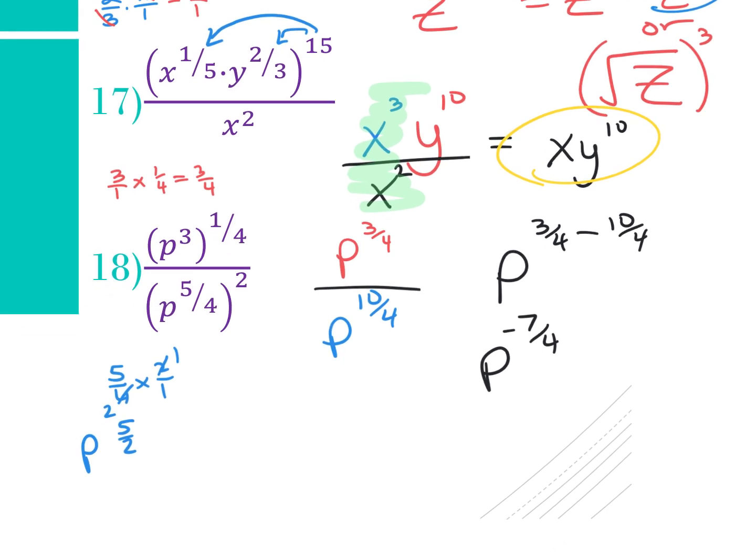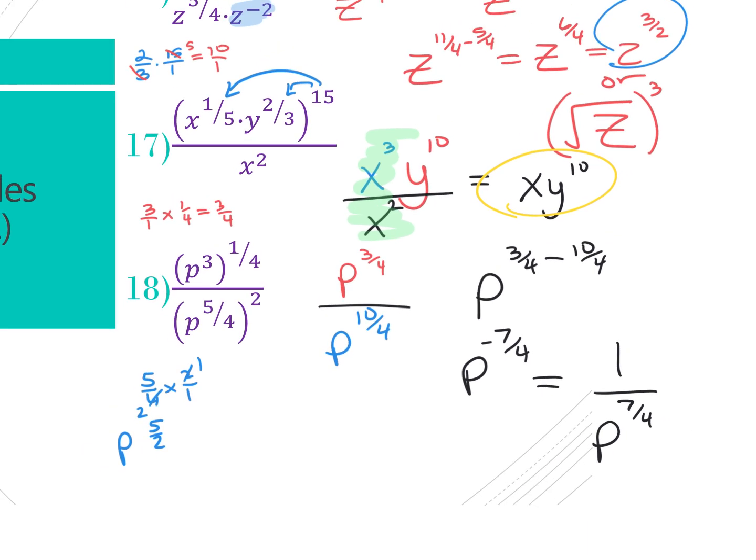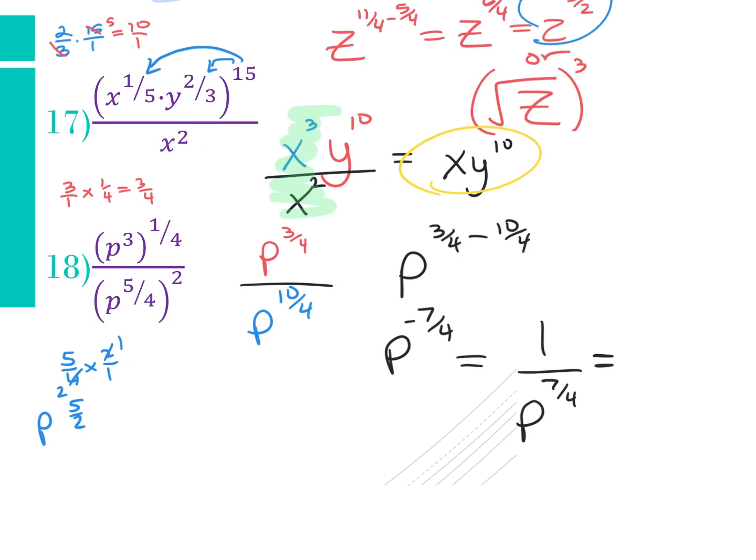I don't want to leave any answers as negative exponents, so I'm going to move it to the denominator. Put it under a 1. And that's how I'll expect you to leave these with the variables where you can't figure out what p is. Recognize on a standardized test, they might have it as the 4th root of p and then raised to the 2nd power, and then the whole thing's under 1.